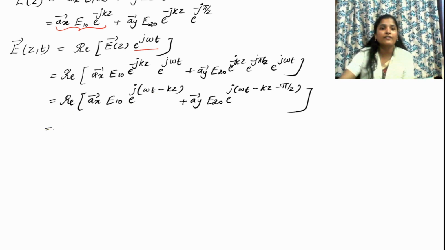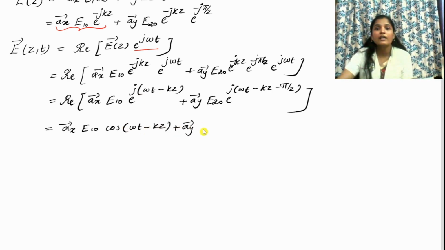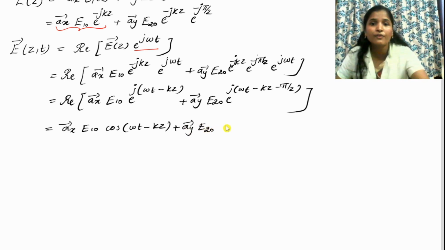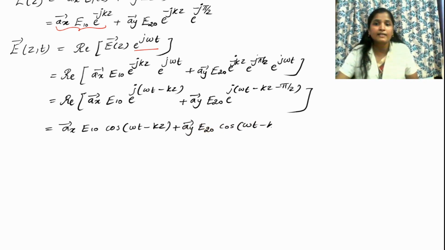So we can write it as AX vector E1 naught into cos of theta, where theta is omega t minus kz. Similarly, for the second term we can write AY vector into E2 naught into cos of omega t minus kz minus pi by 2.